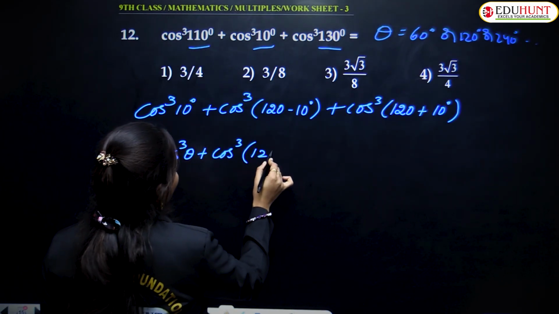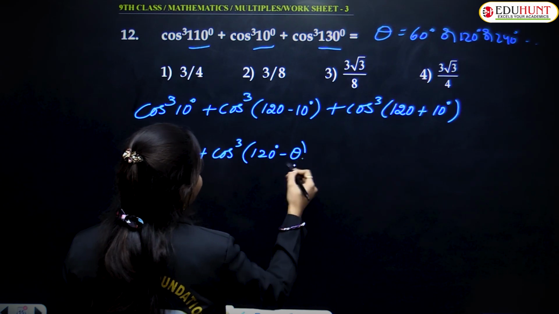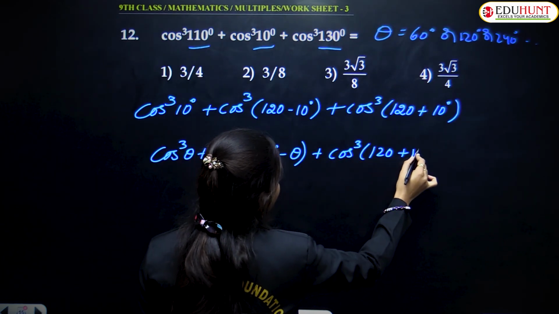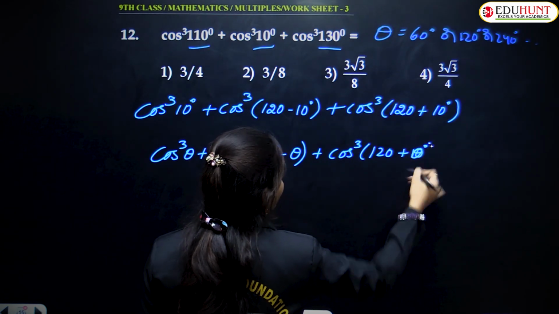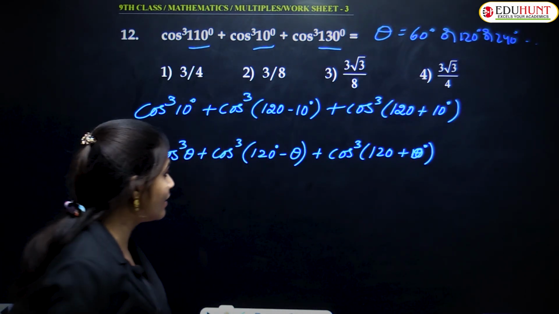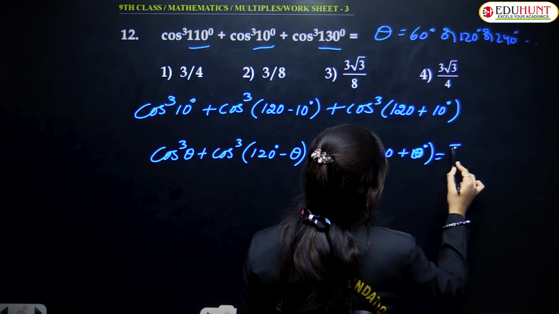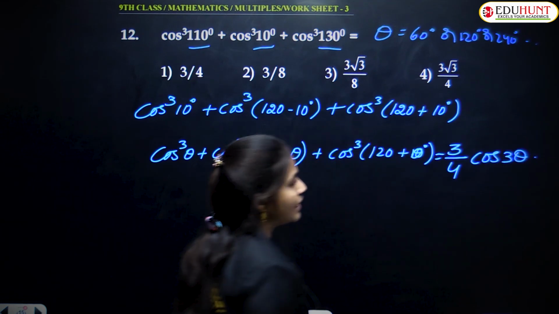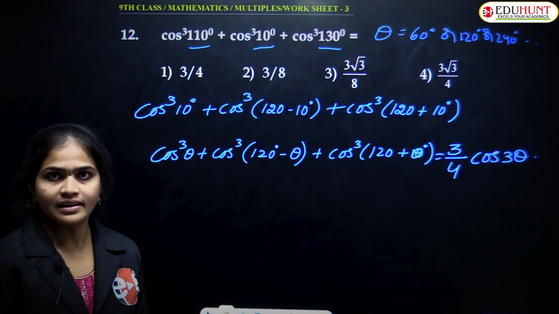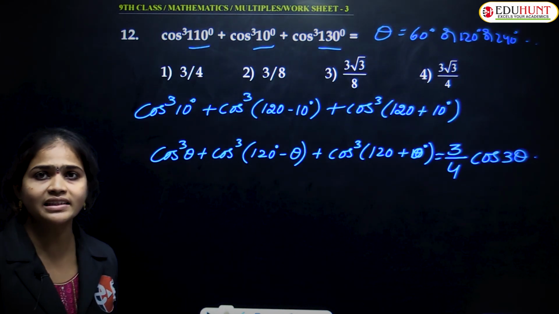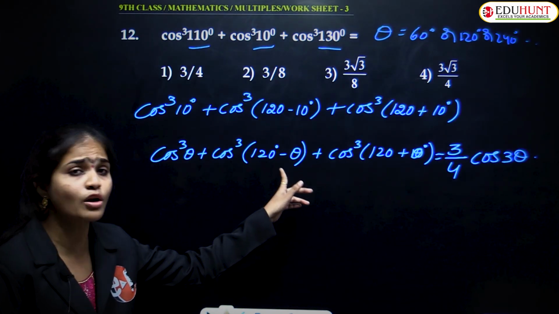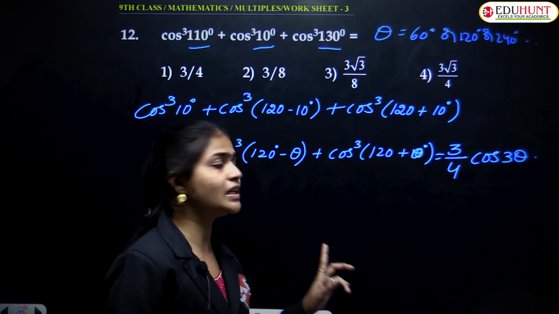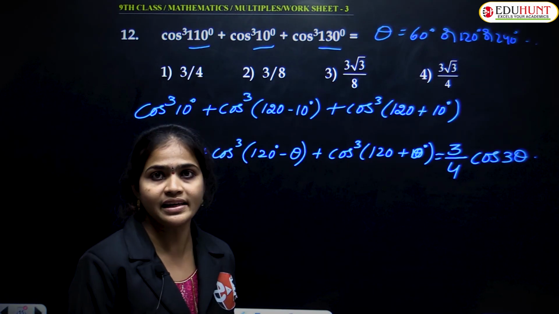Cos cube 120 degrees minus theta plus cos cube 120 degrees plus theta, which is equal to 3 by 4 cos 3 theta. This is also one of the identities, already we discussed, but in the place of 120, I told you 60 degrees, and I asked you to finish that with 120 degrees and 240 degrees.